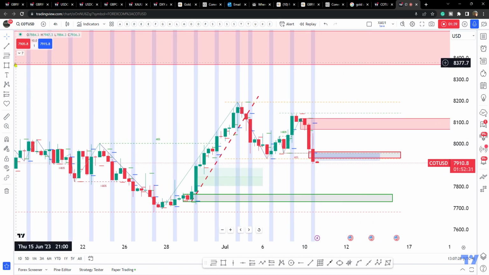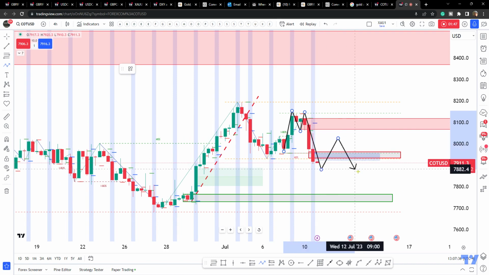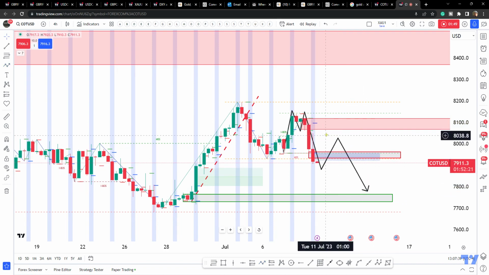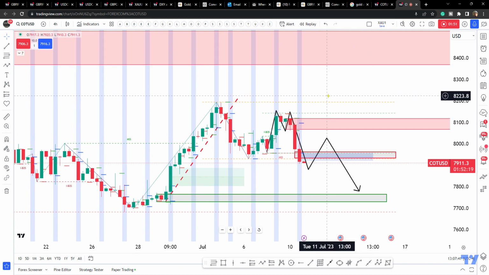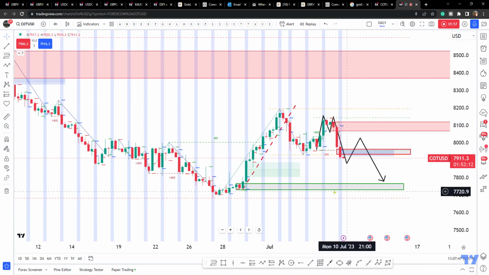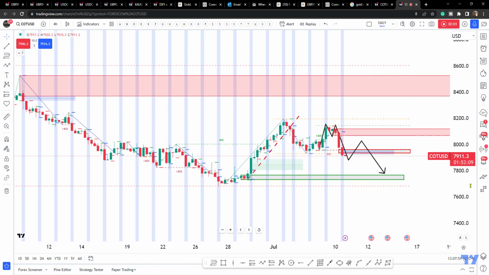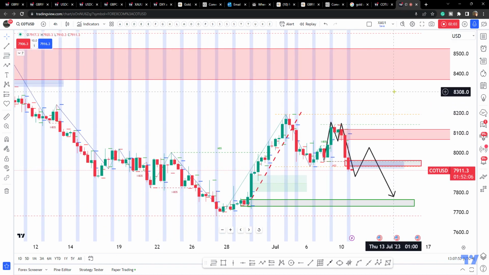So we've got this M formation that fortifies my bias really to come lower and up to come down. So at the moment, that's what I'm looking at. And we've got last month's lows down here. And that's all I really have to say on that for the time being.